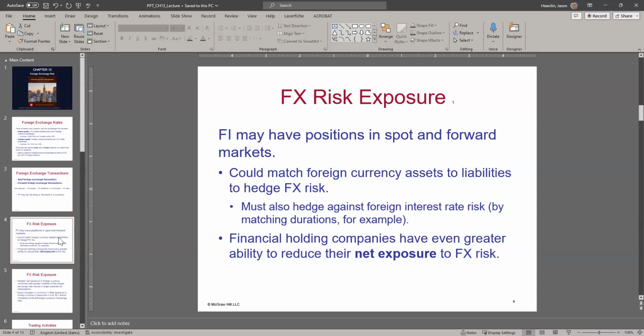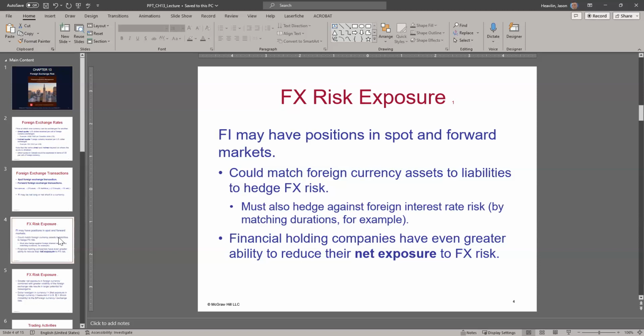One way to look at that first bullet, to match foreign currency assets to liabilities to hedge foreign exchange risk, it could be that, all right, if I have in my current assets some cash in the foreign exchange, then in my liabilities, let's say I also have employees, this is just a random example, simplified of course, employees in that other country, then I can keep the wages payable in that foreign currency as well.